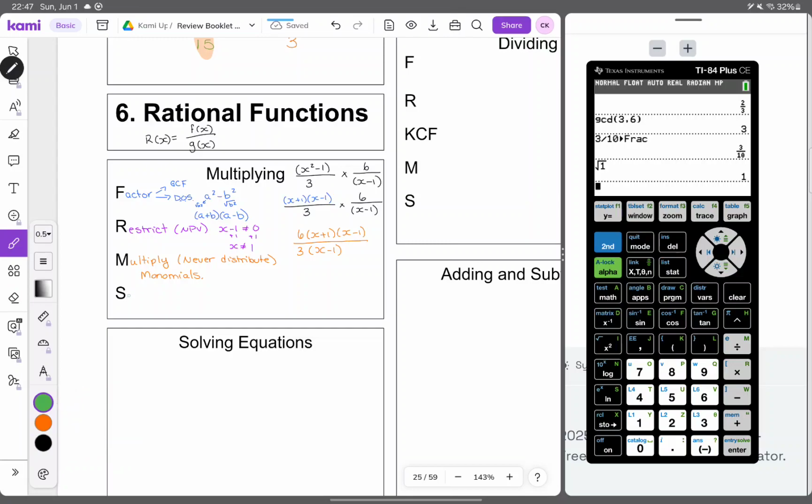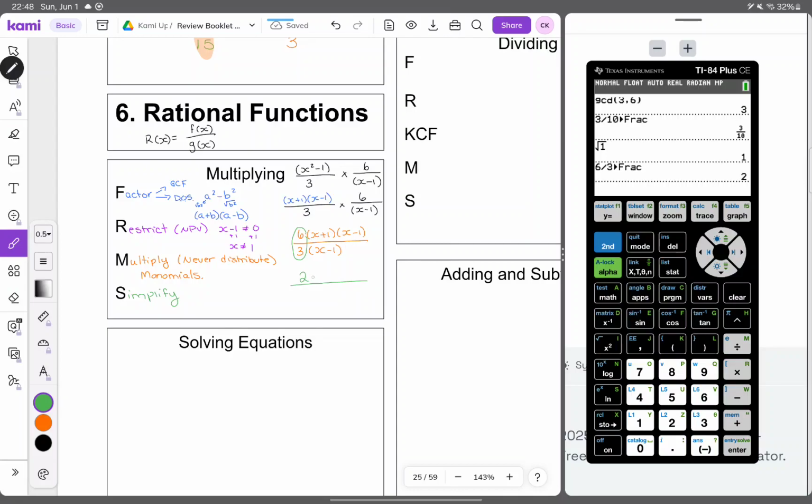And then we can get to our simplify step. Again, we're going to simplify numbers with numbers. So we're going to go 6 divided by 3. We can math frac that. Oh, look, the answer is just 2. So that 2 is going to be in the numerator.